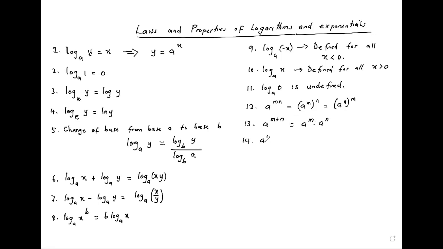And if I have a^(m-n), it's the same as a^m divided by a^n. And if I have (ab)^m, it's the same as having a^m b^m.